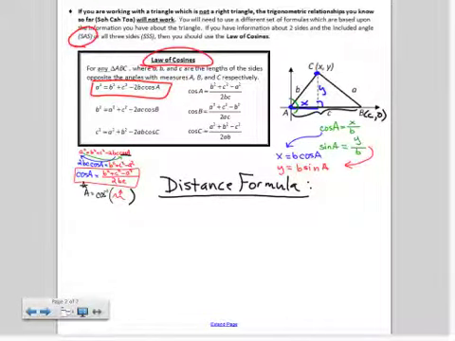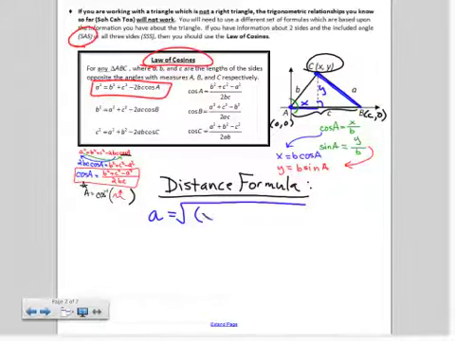Our coordinates at point C are x, y, and our coordinates at A are 0, 0. So this length right here is going to be found by the square root of, parentheses, x minus c, the quantity squared, plus y minus 0, the quantity squared.